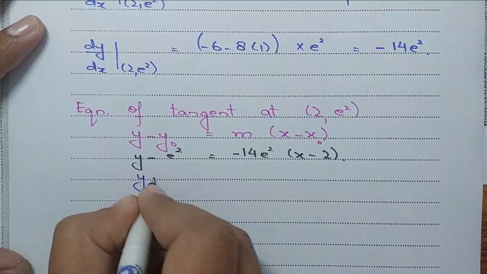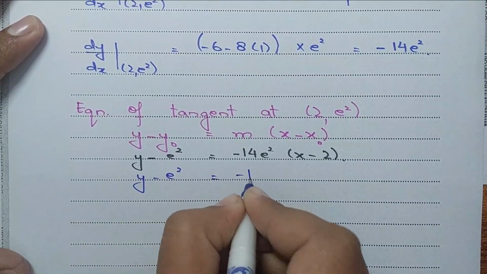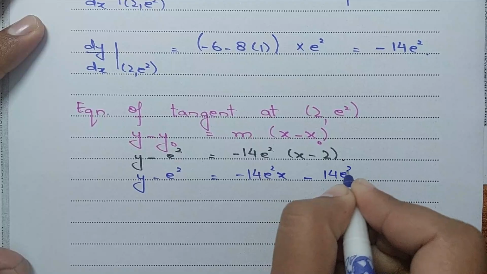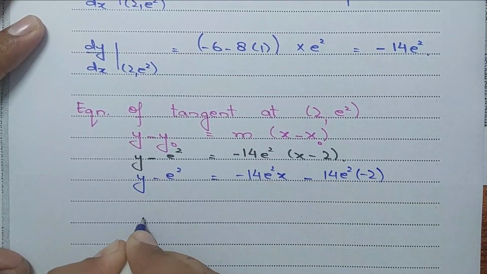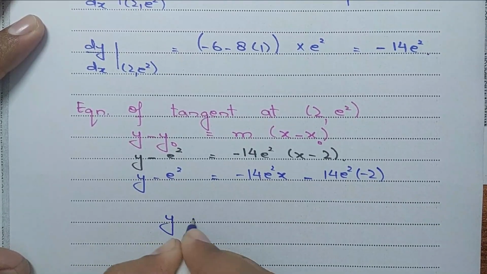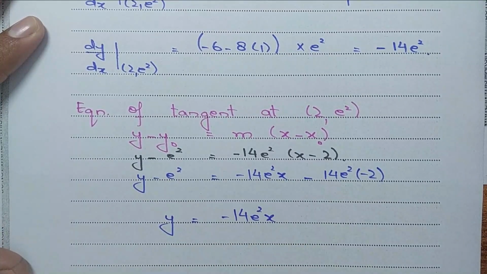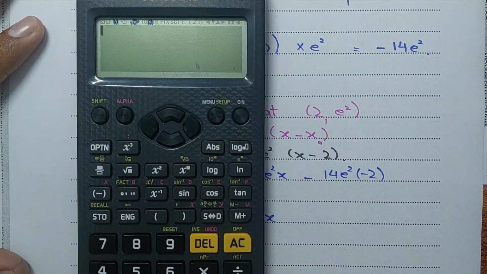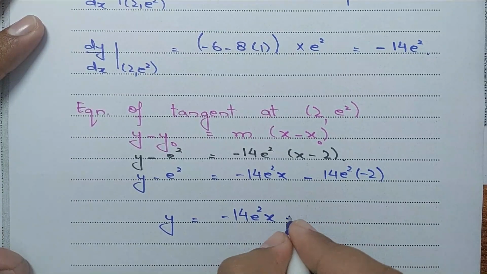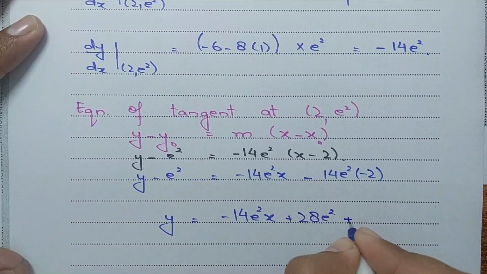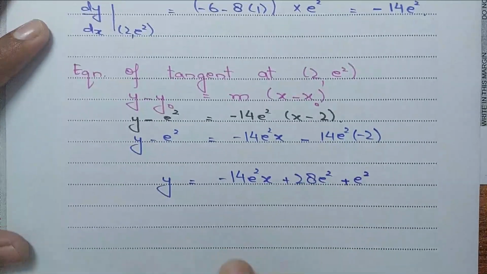Okay, so y minus e squared equals minus 14 e squared with x and minus 14 e squared with negative 2. So here y equals minus 14 e squared x, and minus times minus, 14 times 2 is 28, plus 28 e squared. Shift this e squared to the other side as positive, so 28 e squared plus e squared.